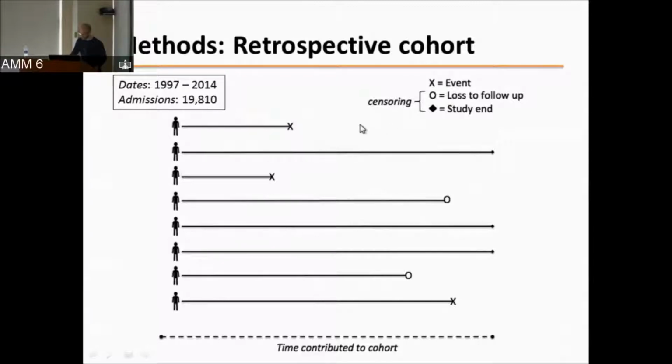And I'm speaking from experience here because I've already made this mistake, where I included all the occupancy for the entire duration of the stay. But it's really just until the event occurs or until they are discharged. And then what we have at the bottom is just a measure of the length of time. It's not their length of stay, it's the length of time that they're contributing to this cohort.